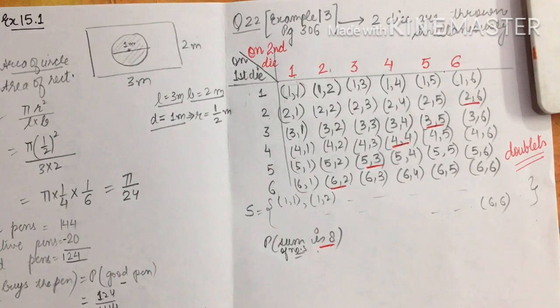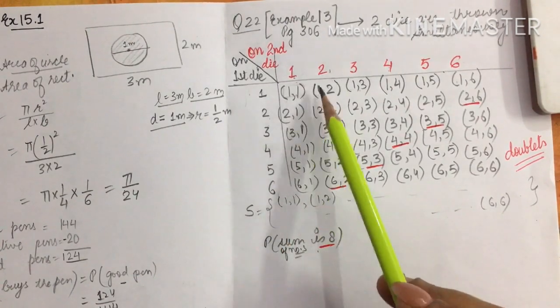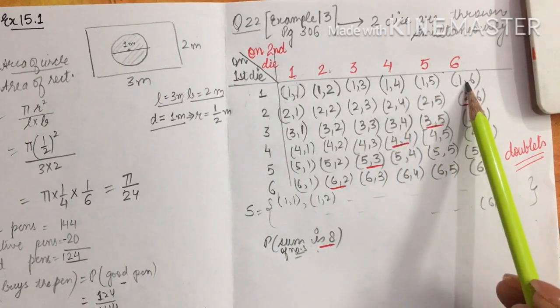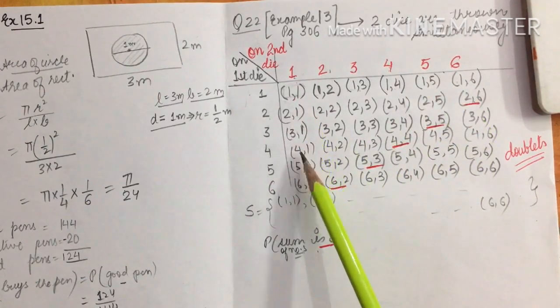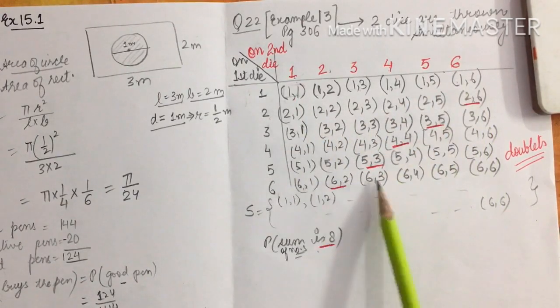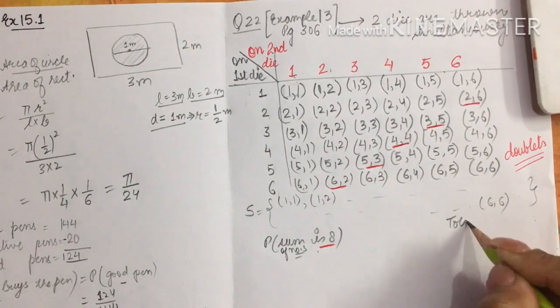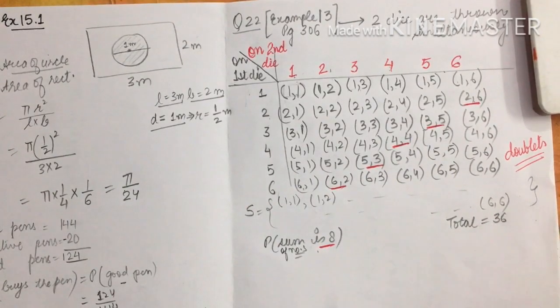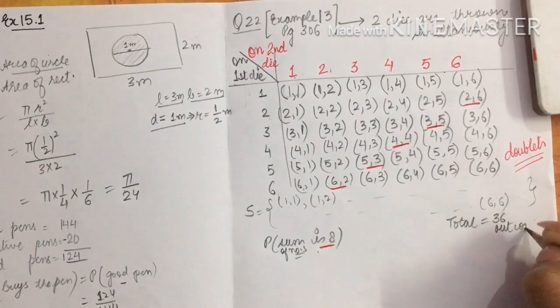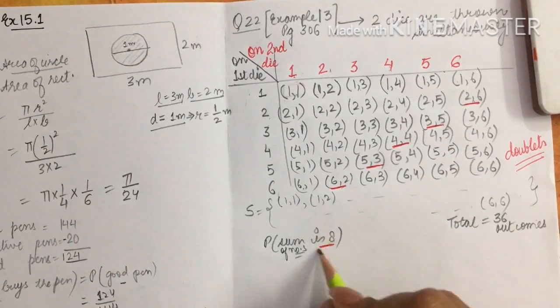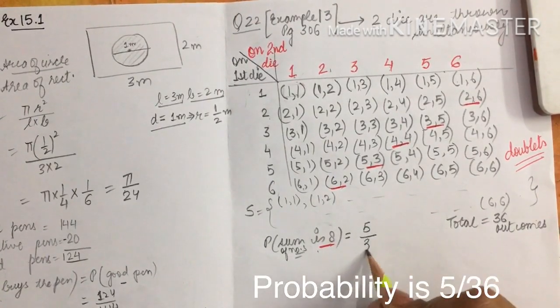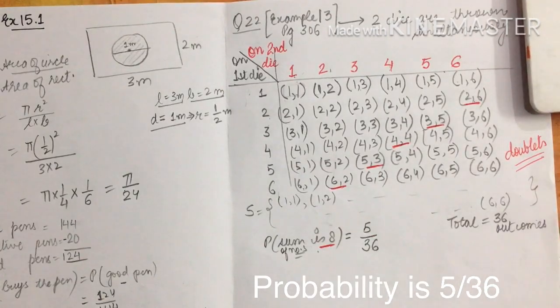And how many total outcomes are there? So this is 1, 2, 3, 4, 5, 6. 1, 2, 3, 4, 5, 6. So 6 into 6. Total outcomes are 36. And for 8, there are 5 outcomes. So the probability is 5 by 36.